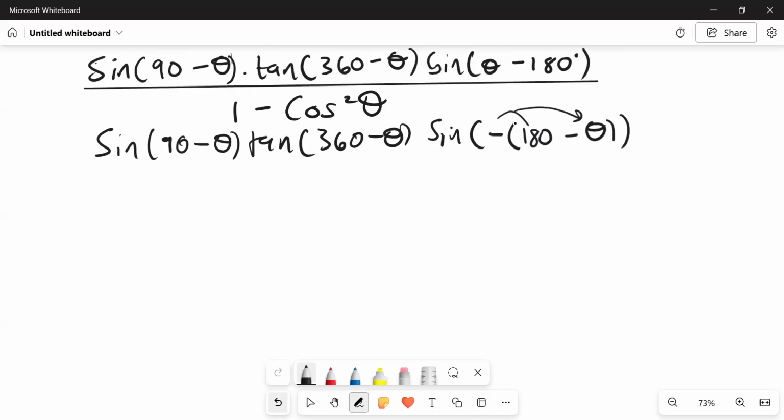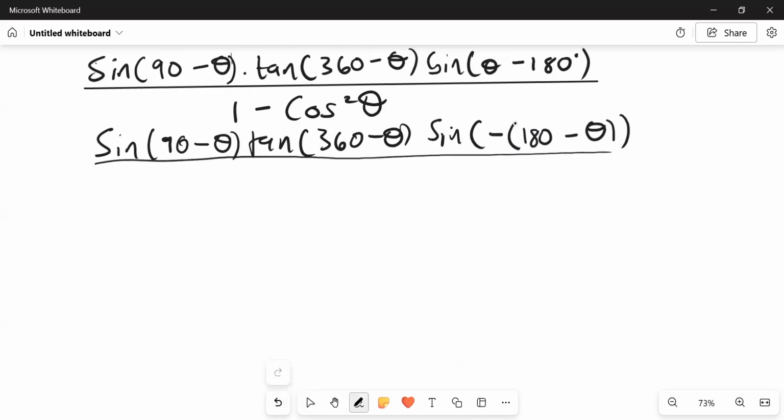And all divided by 1 minus cos squared theta, which equals sine squared theta. So this is an identity. Now let's try and get the reduction of these.